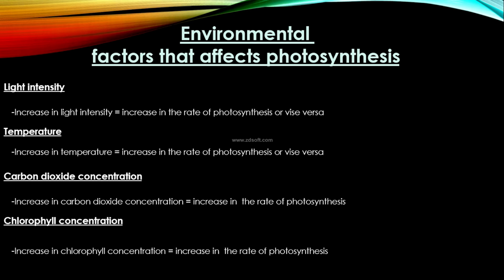And we have another one, chlorophyll concentration. An increase in chlorophyll concentration also results in an increase in the rate of photosynthesis, which means when chlorophyll concentration increases, the rate of photosynthesis increases. And this also happens vice versa: when chlorophyll concentration decreases, the rate of photosynthesis also decreases.